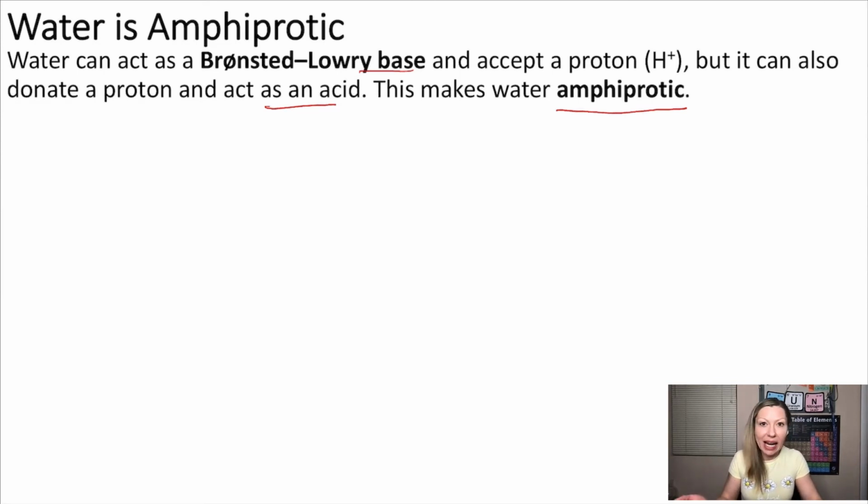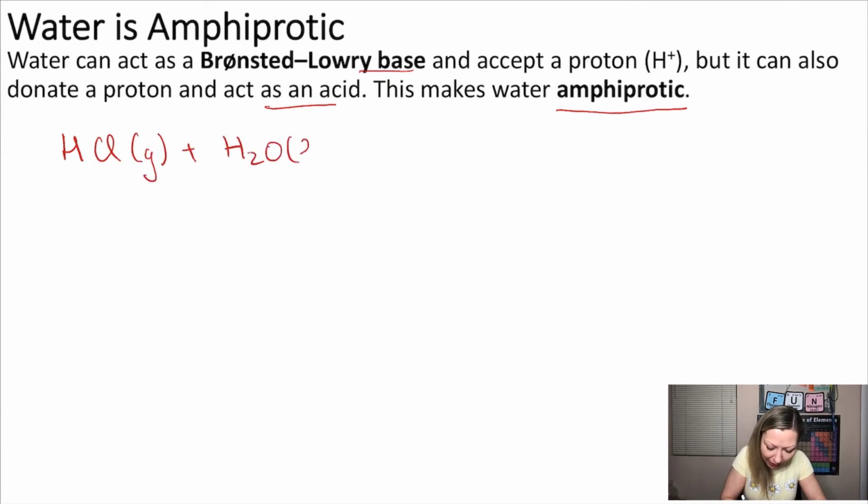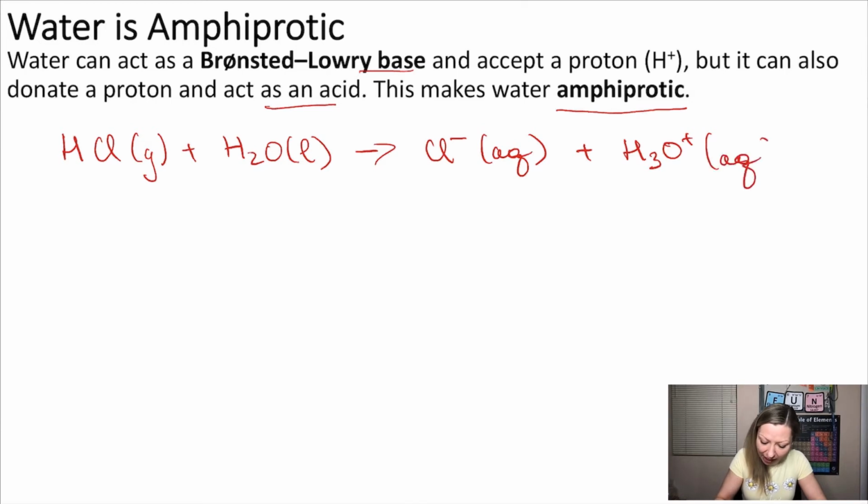Let's say that I have hydrochloric acid, HCl gas, and I'm going to mix it with H2O liquid. In that case, I am going to form the chloride ion, and I'm also going to form the hydronium ion, the H3O+ aqueous ion.